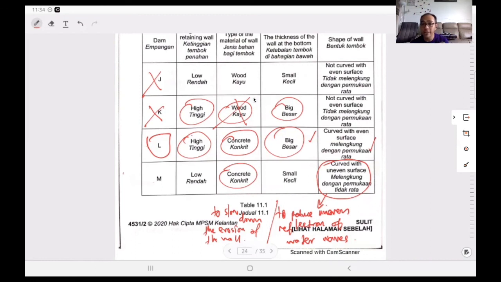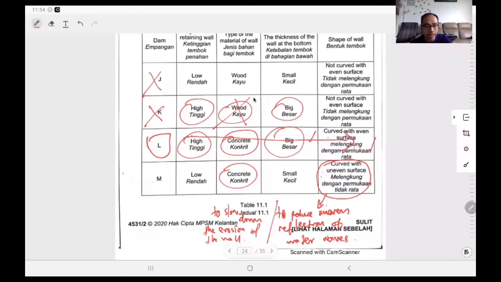But what about the reason? When you write the reason, you still write all the 4 reasons for L. Don't miss out. You still have to write 4. You still have to write this reason, although this is the one that we want, a curve with uneven surface. It doesn't matter.